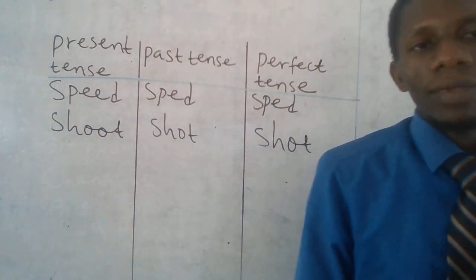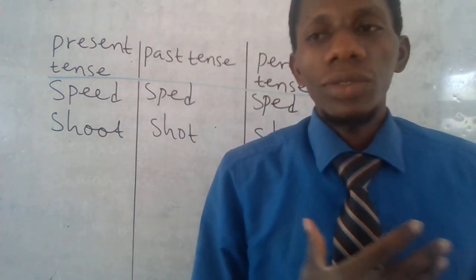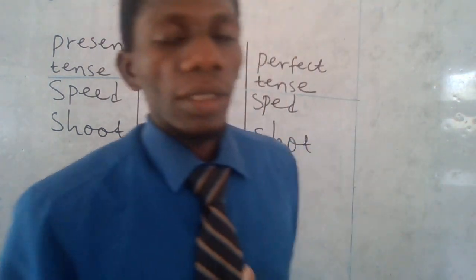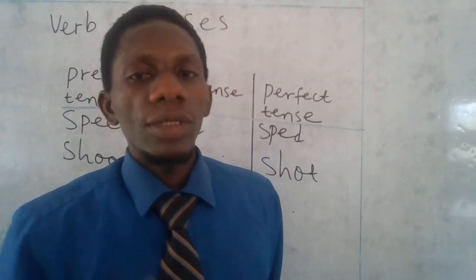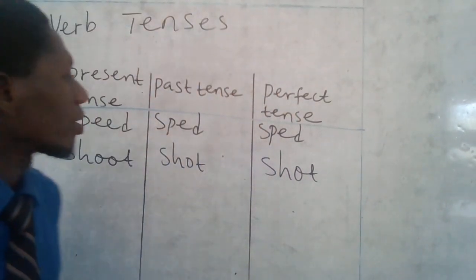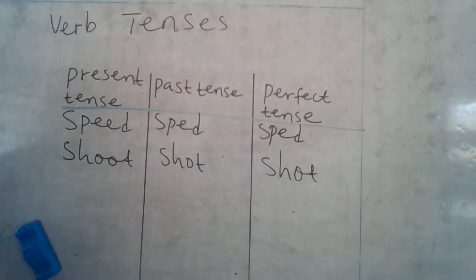To shoot something. For example, somebody may shoot a gun. That's just an example of the word shoot. The past tense is shot, and even the perfect tense is also shot.